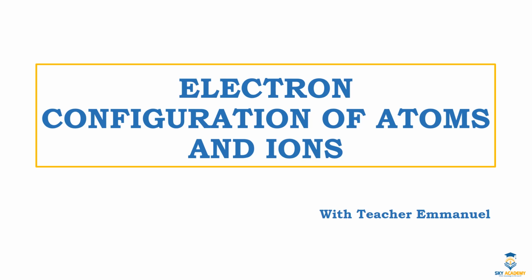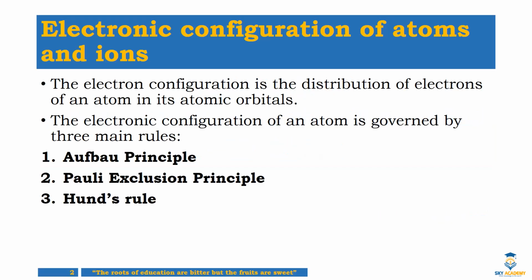But before going there, we need to look at some laws which govern the distribution of electrons. Electron configuration is the distribution of electrons of an atom in its atomic orbitals.